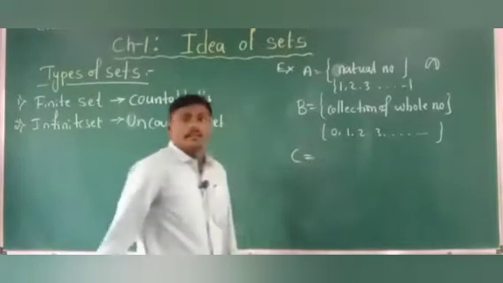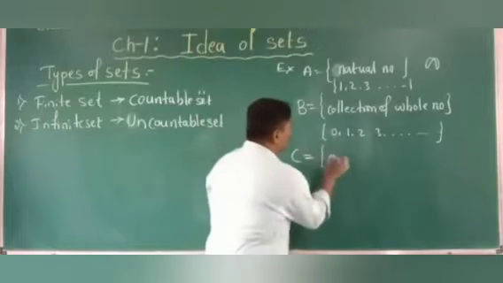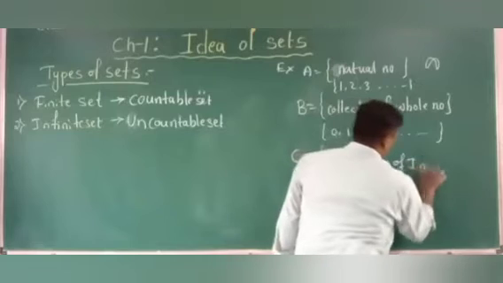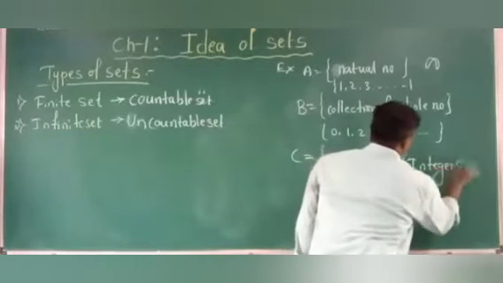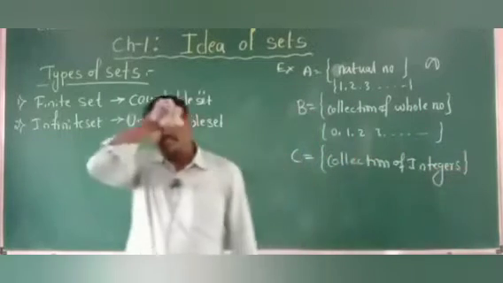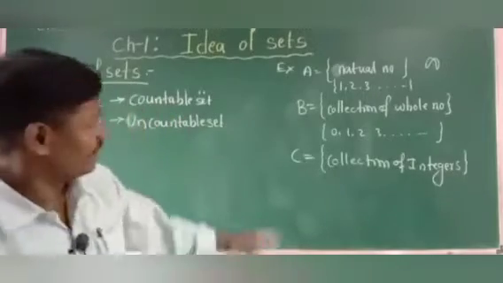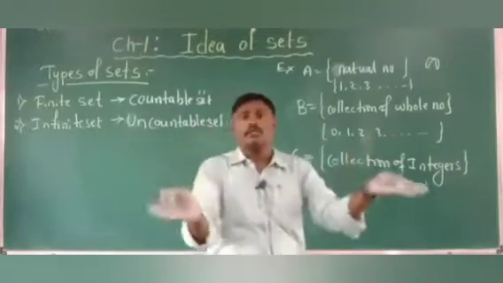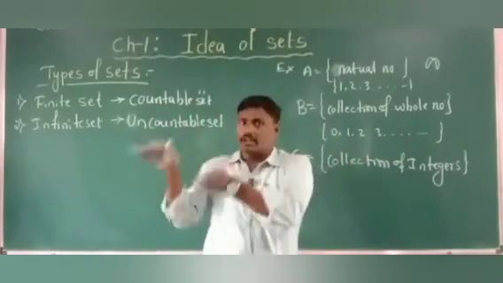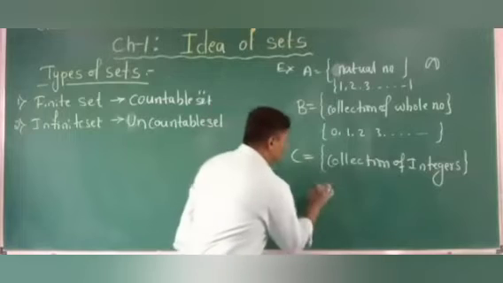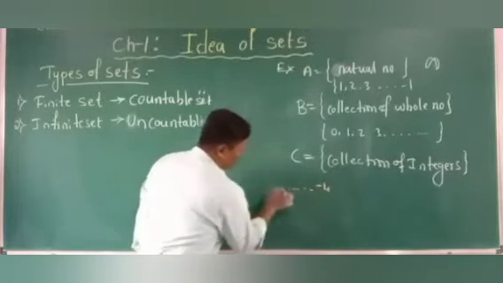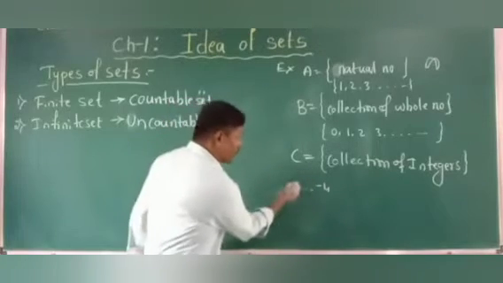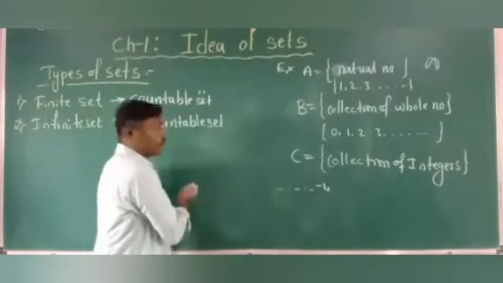See the next example, the collection of integers. Okay students, you already know about the integers. Integers are the numbers which have both positive values and negative values along with the 0. It means -4, and we have a few more negative values like -5, -6, -7, -8, -9, -10 like this.